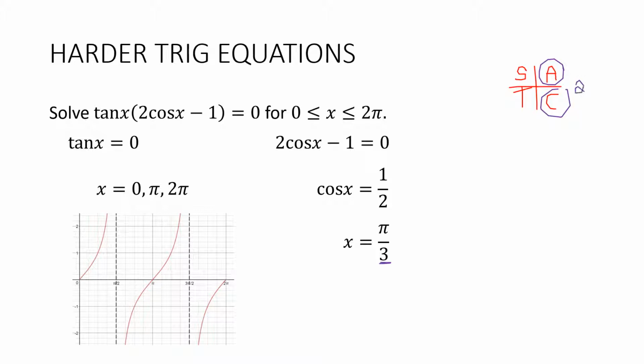And this is 2 pi minus theta, or x actually in this case. So 2 pi minus pi on 3 is going to be (6 pi minus pi), 5 pi, divided by 3. And so that's our answer. So we're going to give all of these answers: 0, pi, 2 pi, pi on 3, and 5 pi on 3.